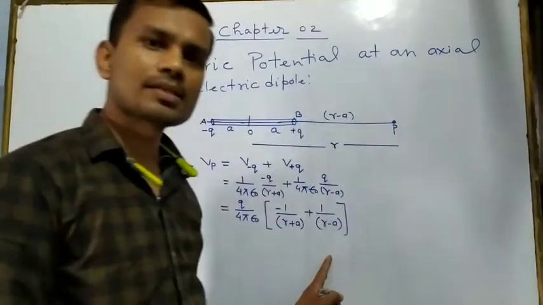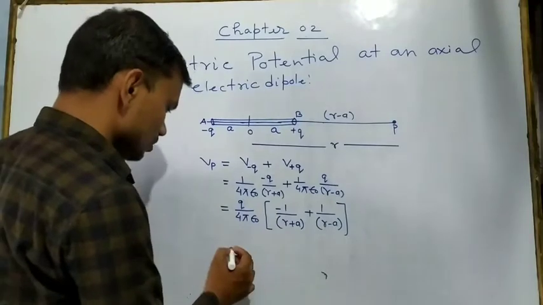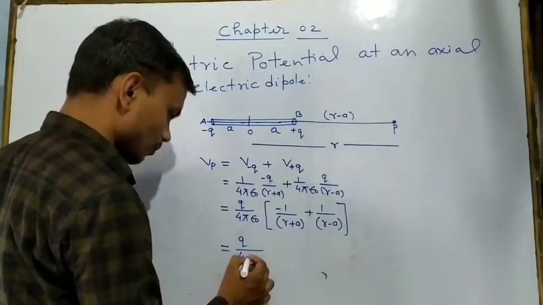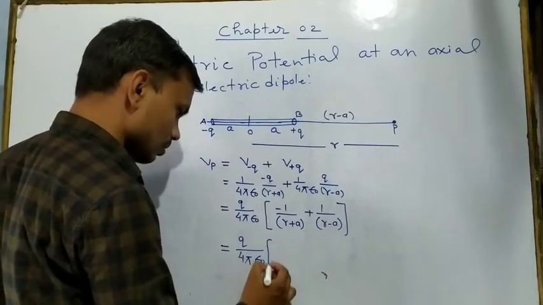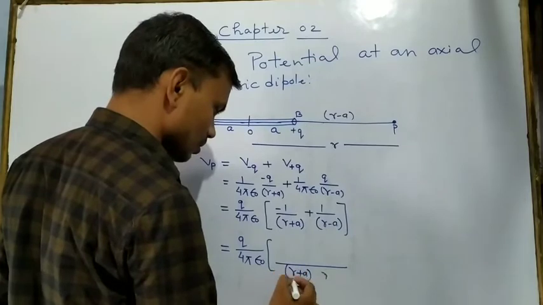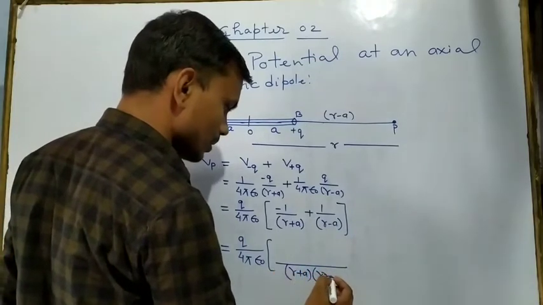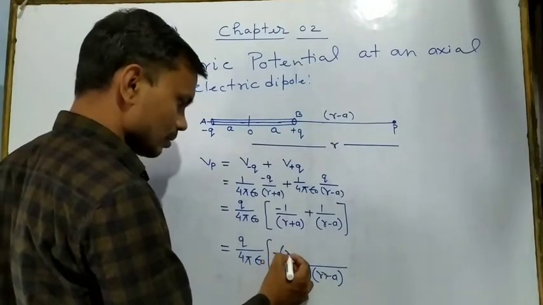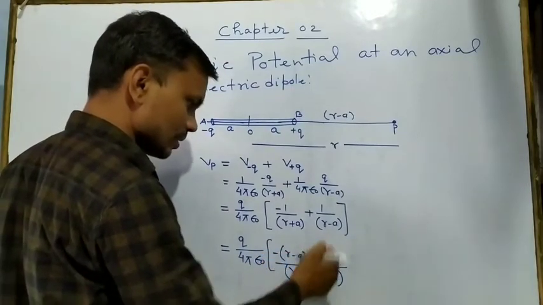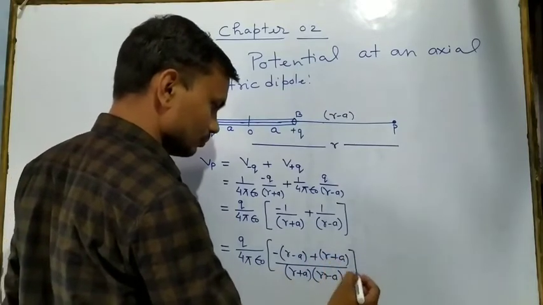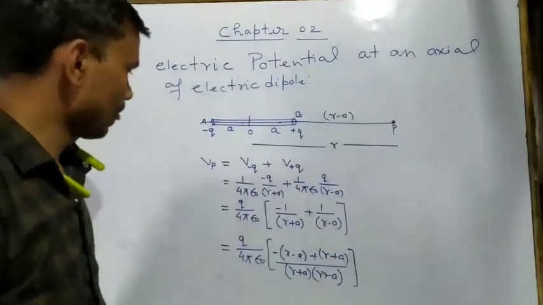R plus A, R minus A, you have to take the LCM. So this is equal to q upon 4 pi epsilon naught times R plus A, R minus A. So here this is minus R minus A, then plus R plus A remaining. Now we are going to solve this one.